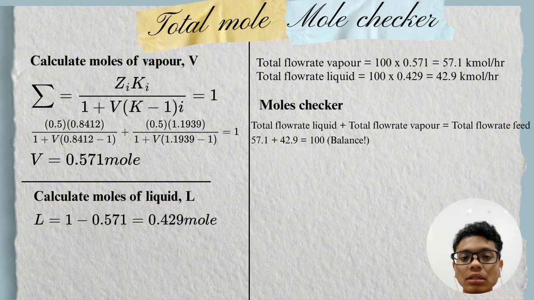Just substitute the desired parameters into the reciprocal formula, and we can get the value of mole vapor. And to find the mole of liquid, just 1 minus the mole of vapor. Then to find the total flow rate for vapor and liquid, we just need to multiply by 100. And lastly, to check whether our answer is correct or not, just make sure that the total flow rate for vapor and liquid is equal to the total flow rate of feed, which is 100.